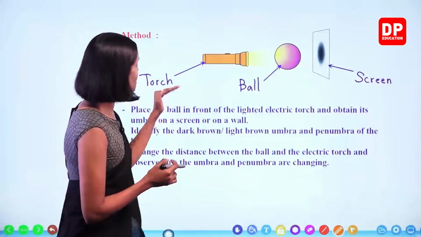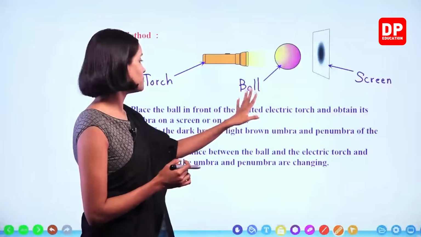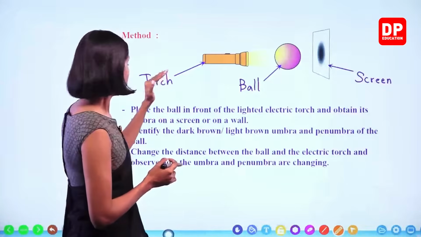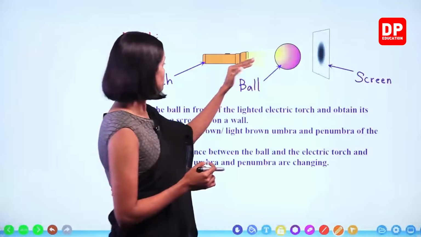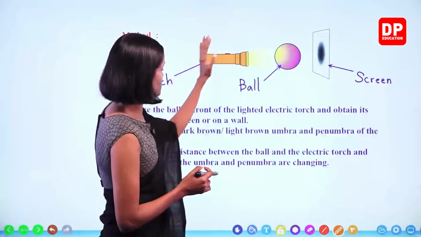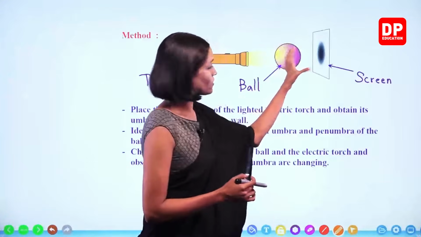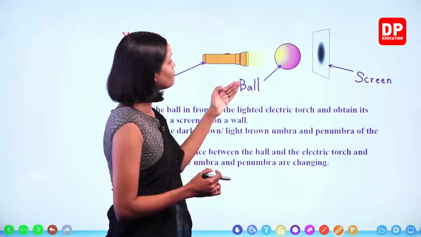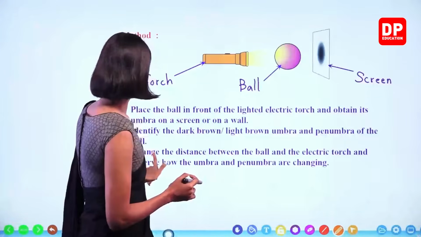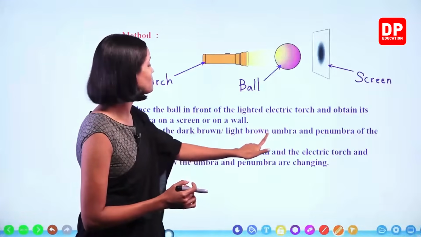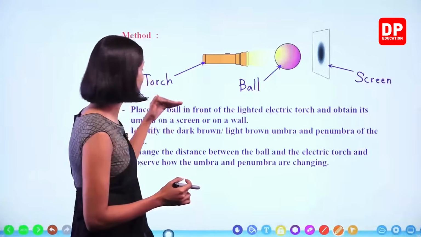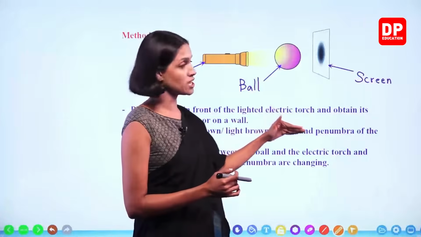Identify the dark brown and light brown umbra and penumbra of the ball. So when you direct light from one side towards the ball, you are going to see the shadow of this ball on the screen. Now what you have to do next is change the distance between the ball and the torch and observe how the umbra and penumbra are changing.